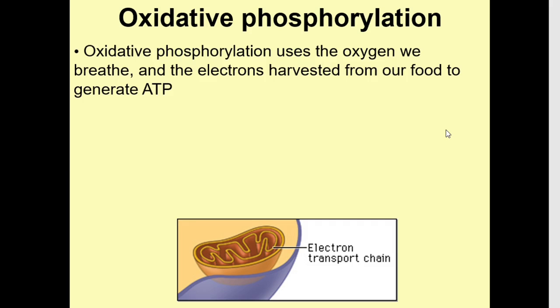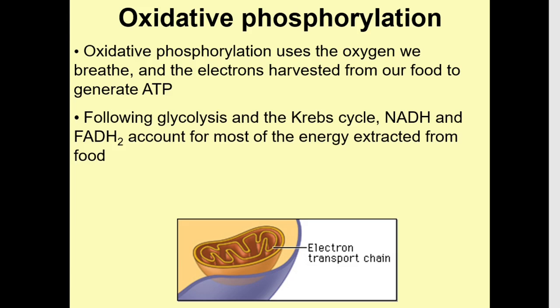So oxidative phosphorylation uses the oxygen we breathe. So I haven't really talked much about the oxygen that we breathe yet, but this is where it becomes important. So this process uses the oxygen we breathe and the electrons that we've harvested during glycolysis, the link reaction, and the Krebs cycle, and it's going to use that to generate our ATP, to convert ADP and phosphate into our ATP molecules.